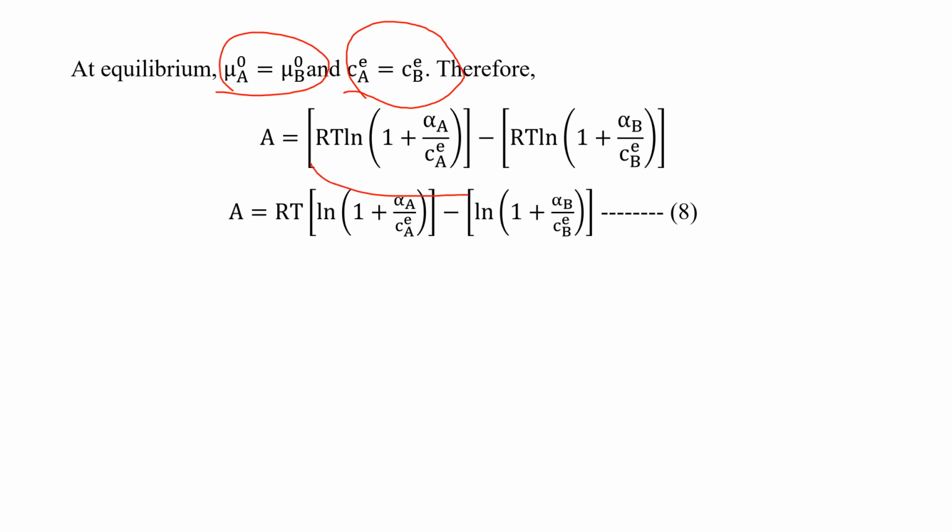Only these values will be remaining in this affinity term A. If you go through the previous slide and substitute all these values according to this assumption, all the terms will cancel. Only this RT ln 1 plus alpha A by CAE minus RT ln 1 plus alpha B by CBE will be remaining.